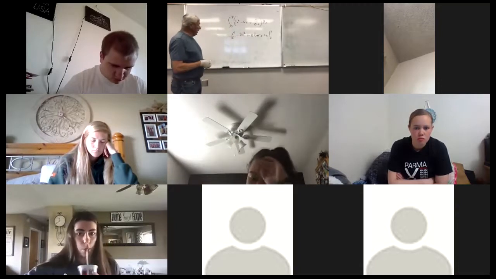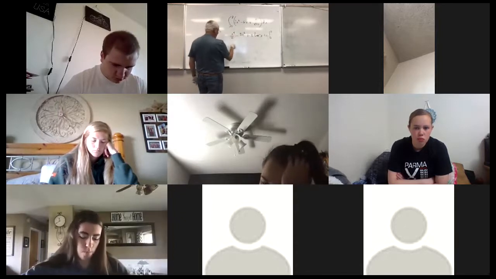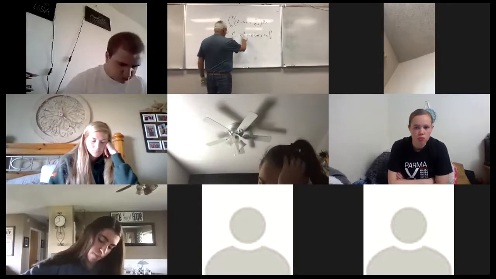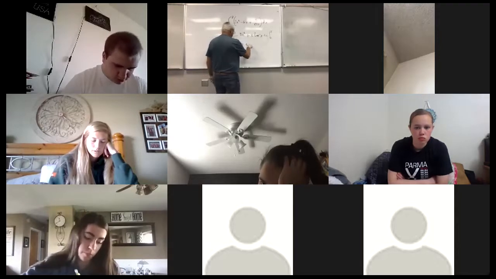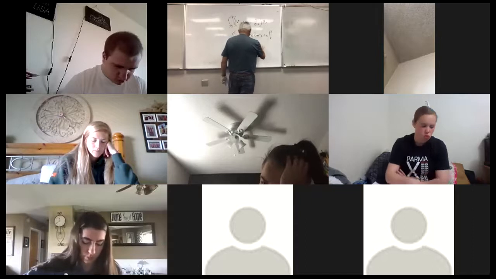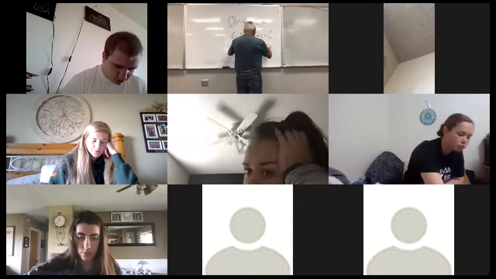So when you put in the number 2, you're going to have 2 to the 4th is 16 over 2, minus 3 times 4 is 12, plus 3 times arctangent 2. And then when you put in 0, this is going to be 0, 0.